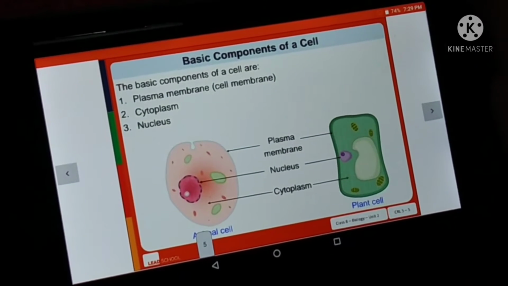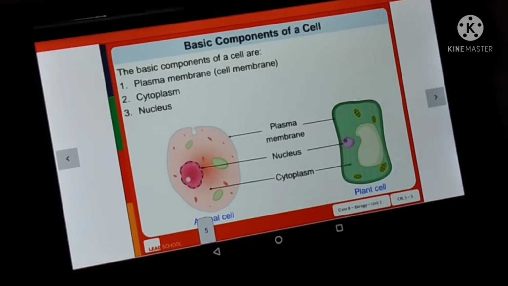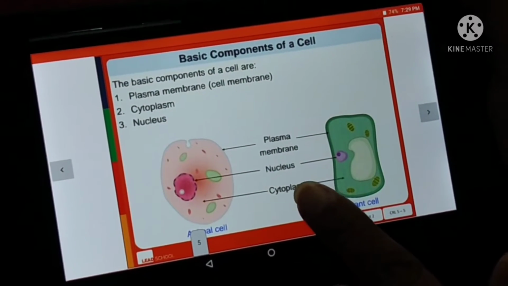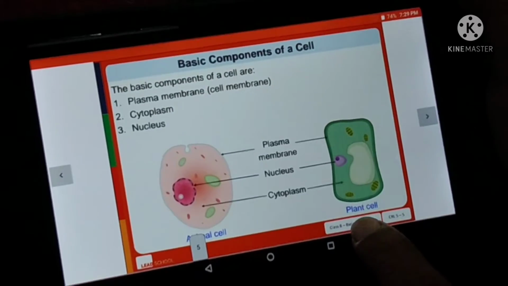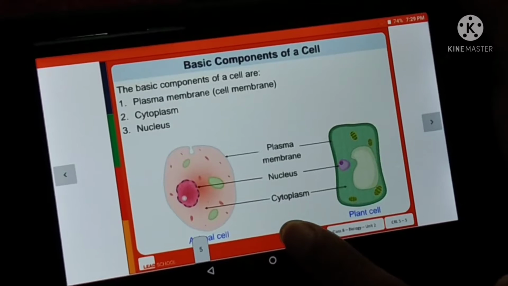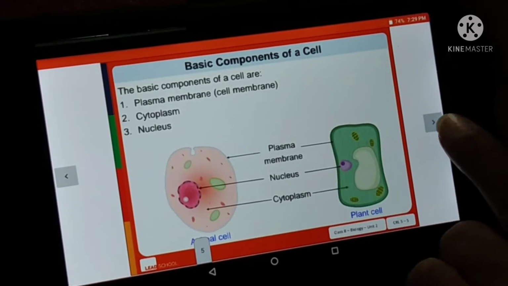Third part is nucleus. In the picture you can see where the nucleus is located in both types of cells, in plant cell as well as in animal cell.